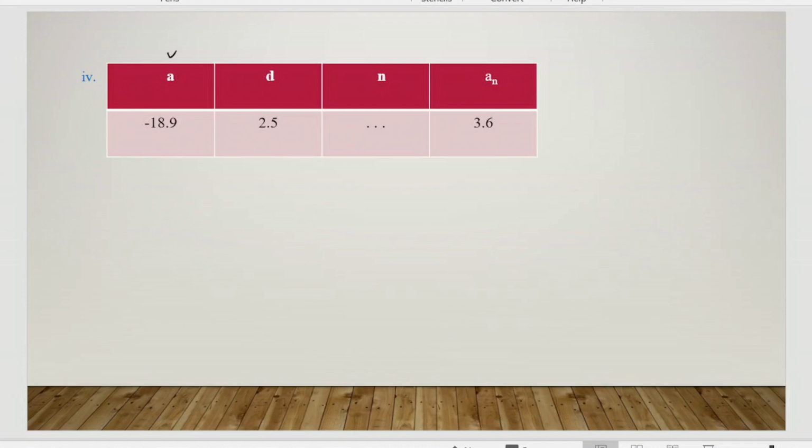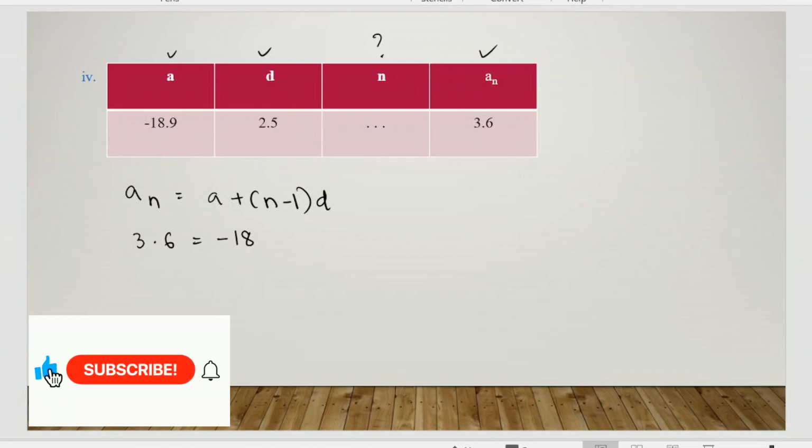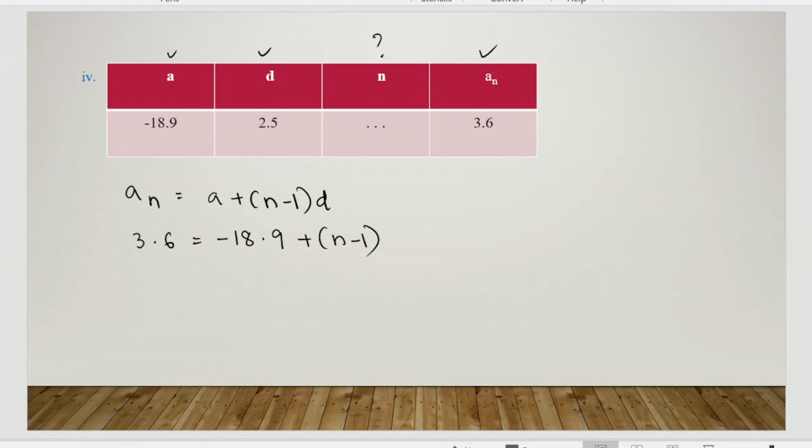Clear? Now let us solve the next one, the fourth part. So we know the A value and the D value, the common difference, and we need to find the N value. He has also given the nth term of an AP, AN is equal to 3.6. So let us again use the same formula. AN is equal to A plus (N minus 1) D. So let us substitute all the values and find the N value. AN is 3.6 is equal to A is minus 18.9 plus (N minus 1) into D is 2.5.